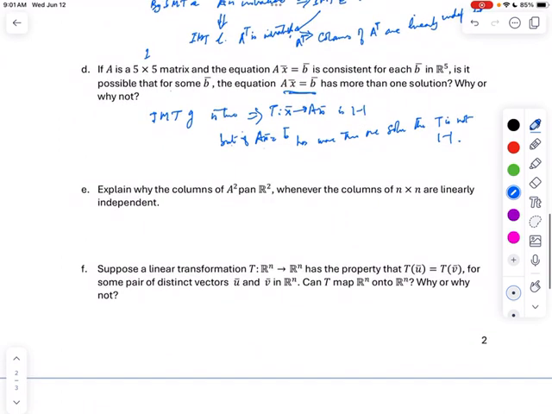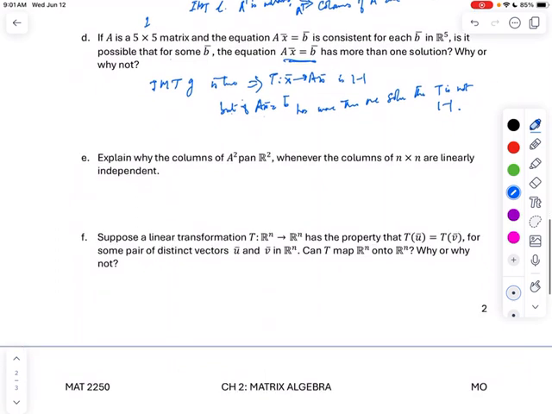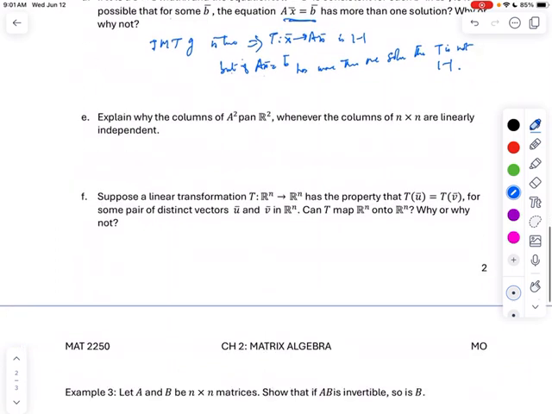So there is an A missing. I should just say of A are linearly independent. So if we have that columns of A are linearly independent, then the columns of A square will span R2. That's what basically we have to show.